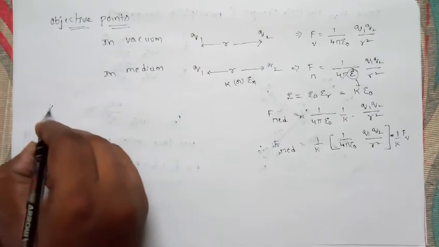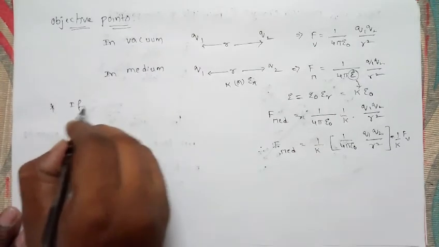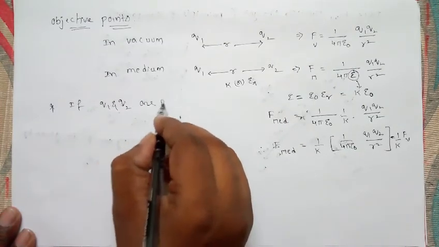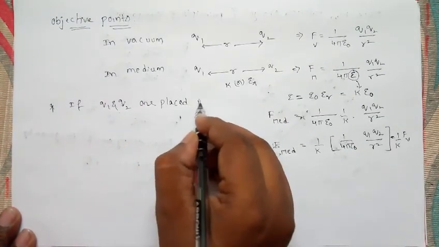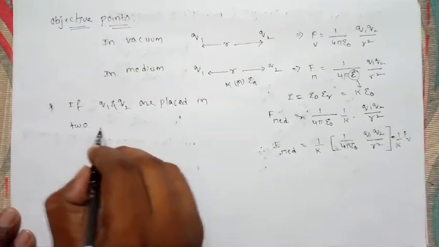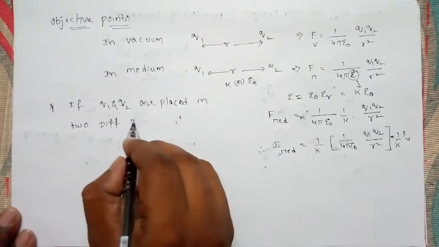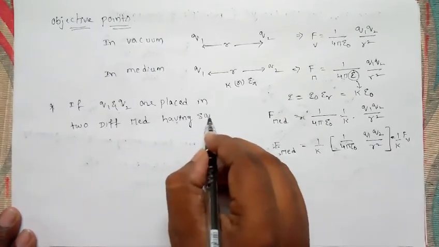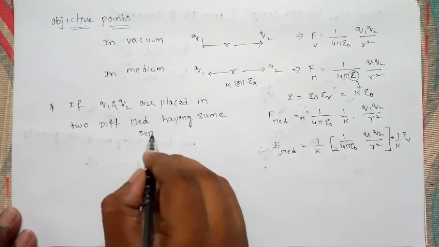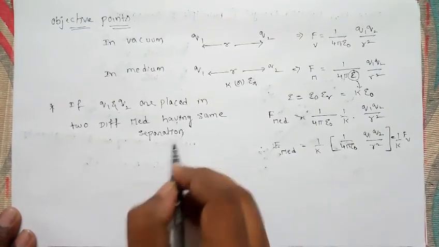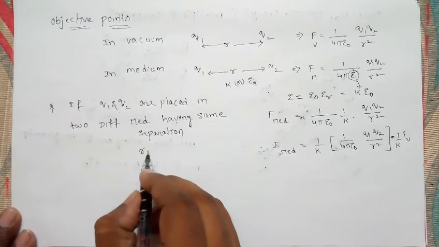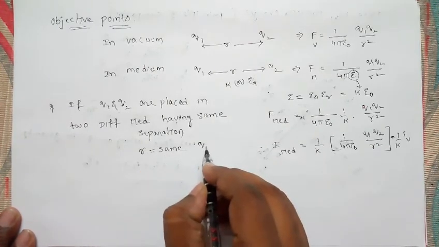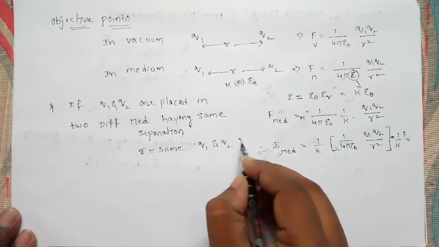Then you can observe that if two different mediums are there, if Q1 and Q2 are placed in two different mediums having the same separation, that is R is the same, and Q1 and Q2 are the same.